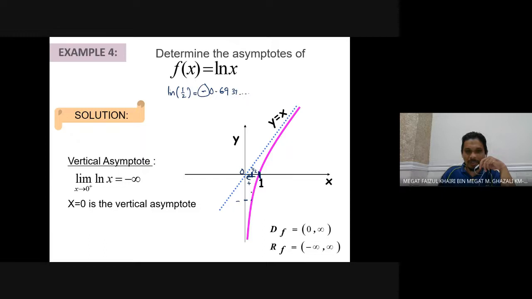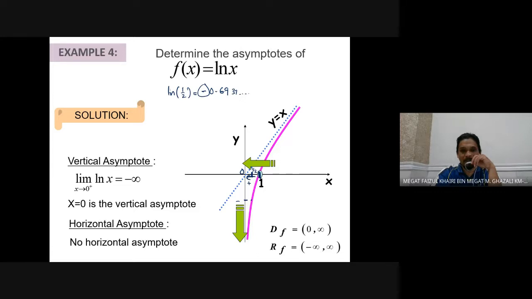So the graph slides down something like this. We call the graph sliding down. So no horizontal asymptote.